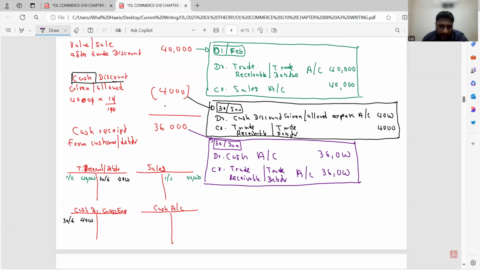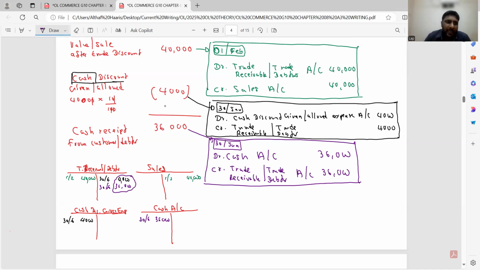Then cash receipt, debit 36,000, here 36,000. So in total, debtors are getting settled by 40,000.